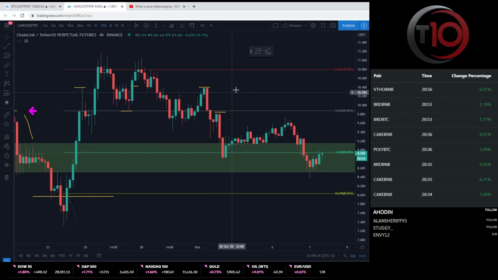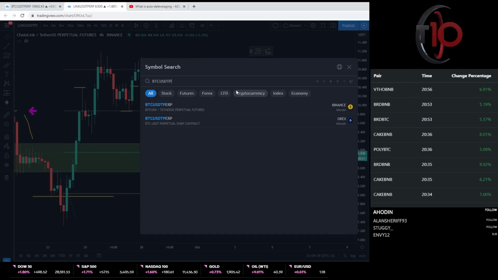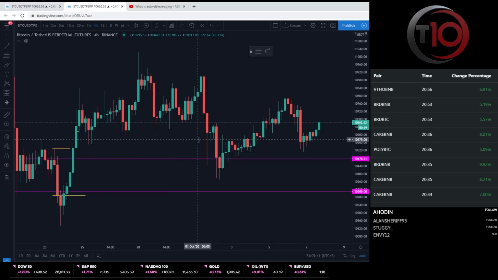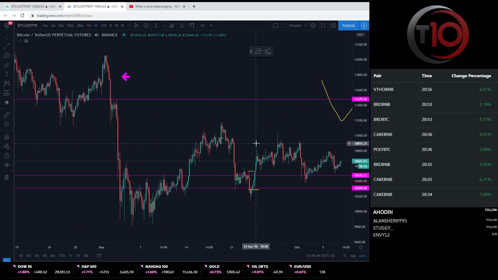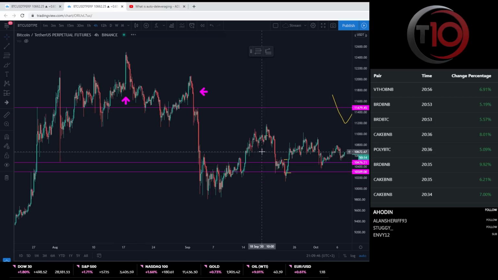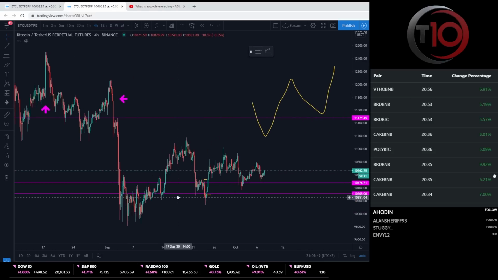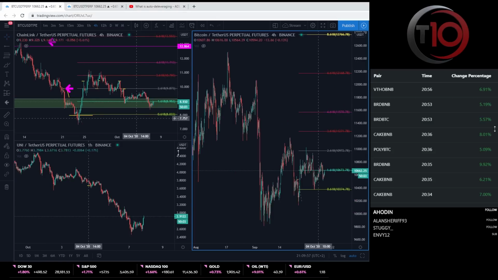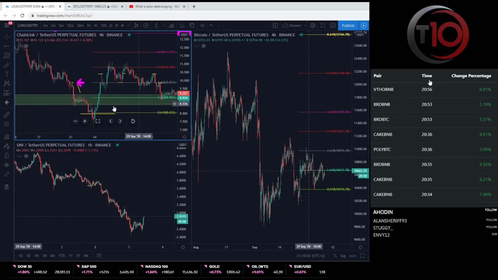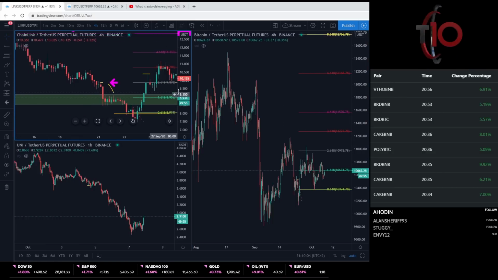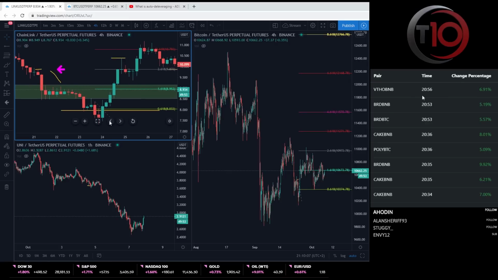Let's see. For Bitcoin, we had a similar pull. No, not in this chart. Okay, it's here at least. In this one, the pull was from this high low to this lower high.